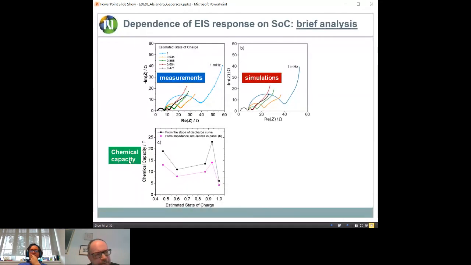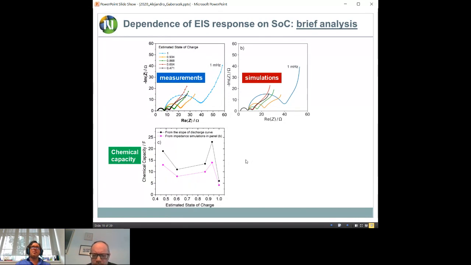You can compare that calculation with this, where you have impedance, and you see that the trend is completely the same, except that impedance is always lower. And why? The answer is quite straightforward: we didn't take into account the distribution of particle size. If we took an appropriate distribution of reaction size, we could fit these charge-discharge curves with impedance data from chemical capacitance, almost to within several percent of error.